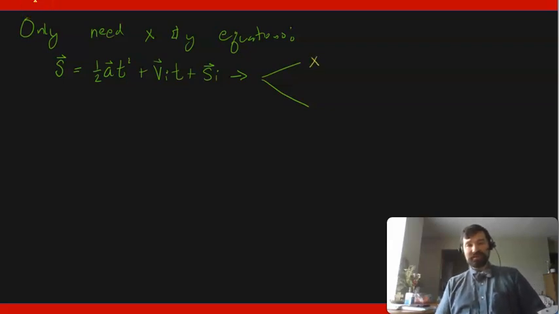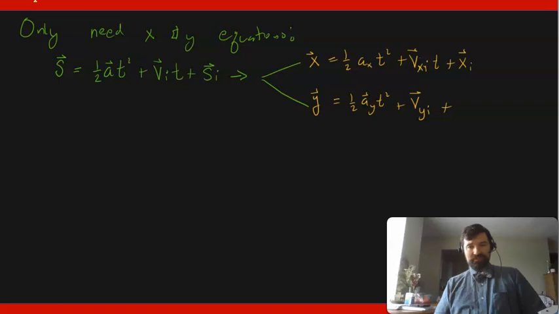So I would have x is 1/2 ax t squared plus vx initial times time plus x initial, and y is equal to 1/2 ay t squared plus vy initial t plus y initial.